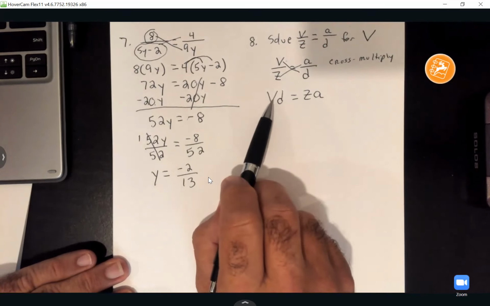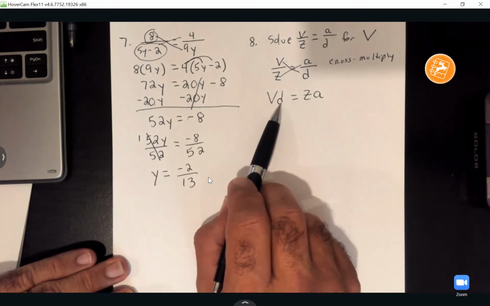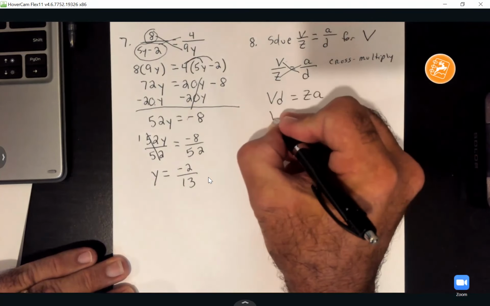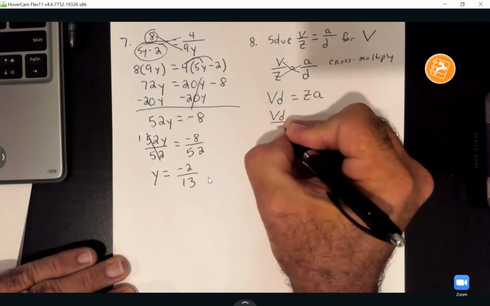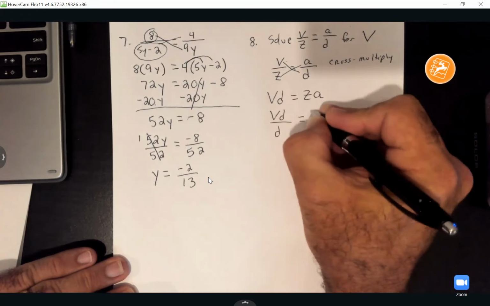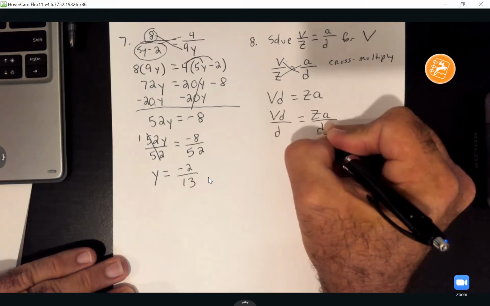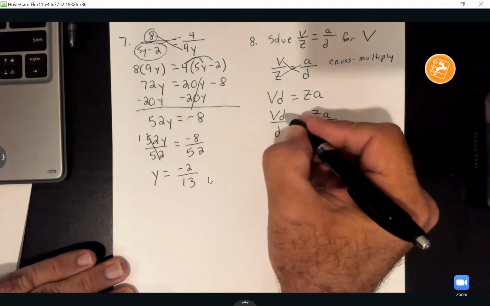Now remember, I'm solving this for the V. Since this V is being multiplied by the D, we're going to divide both sides by that D. So capital V, little d, divided by the little d will equal capital Z, little a, divided by the little d. See, y'all look here.